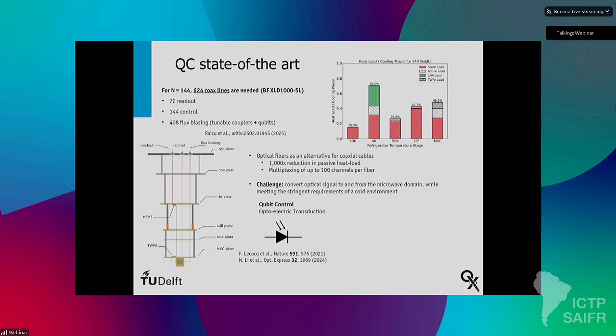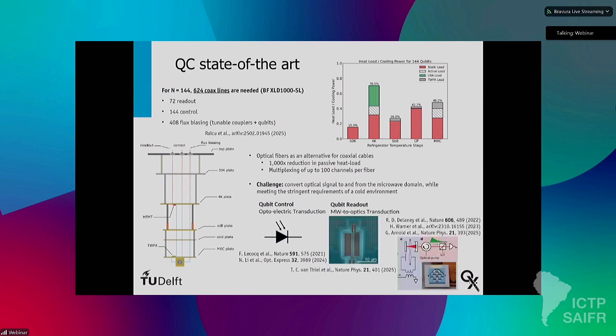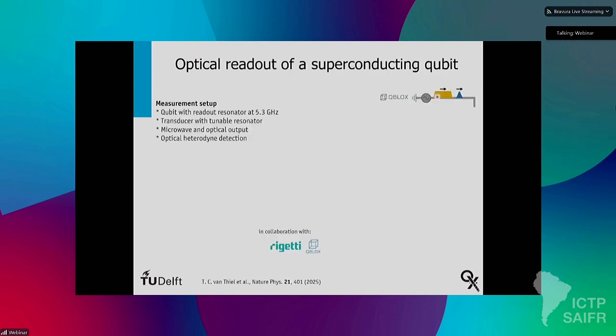At the same time, to read out superconducting qubits optically, there have been many different approaches using quantum transducers, with mechanics, with direct electro-optic transduction, to show that you can also, in principle, read out these systems with relatively high fidelity. I'm going to dive a little deeper into both the readout and the control on the next few slides. So let's start with the control measurements that we've done in Delft.